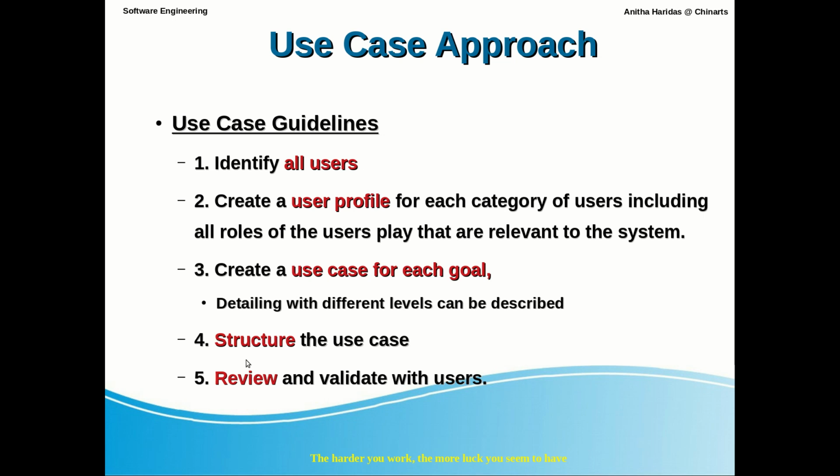Then what you have to do, you have to structure the use cases, align it and order everything, ordering all the use cases to be done in this structuring. Then you go for reviewing.